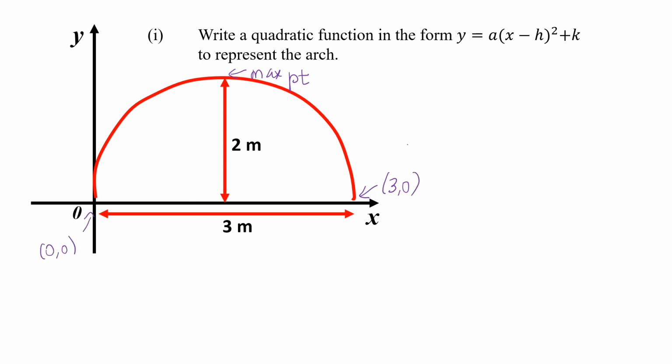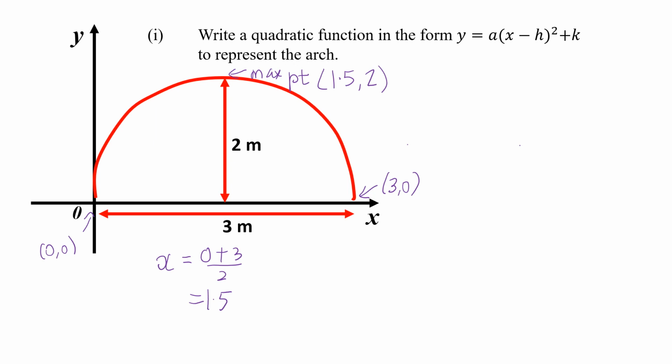So how do we find the maximum point? The line of symmetry will pass through your maximum point, and to find the line of symmetry, you just take your two x-intercepts and divide by 2. So here, your maximum point will be (1.5, 2).